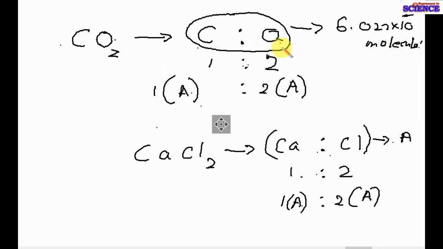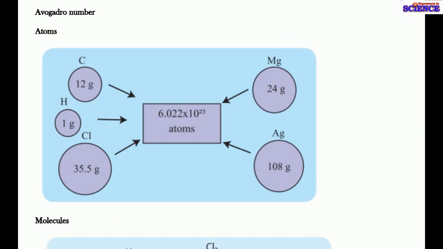Then Avogadro's last idea is this. Here in 12 grams of carbon you have this many carbon atoms. I'm now talking about Avogadro's last concept. If there are 6.022 times 10 to the power 23 atoms, assume that this is one set of atoms.